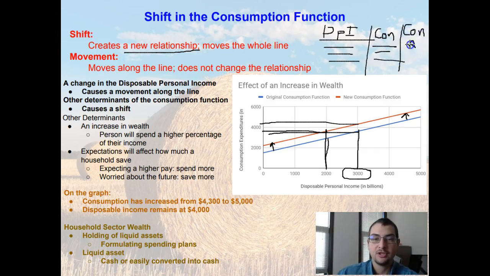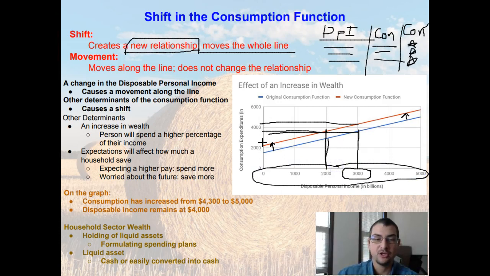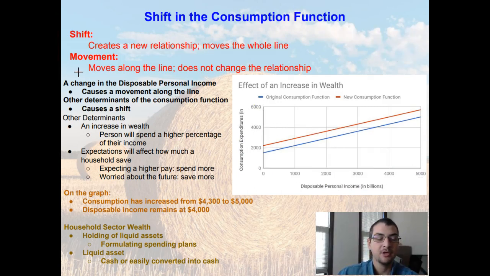So it's still a relationship, but now it is a different relationship than what it was. It is a new relationship, and it's showing a shift in the line. The same levels of disposable income now correspond with new levels of consumption, that new relationship.